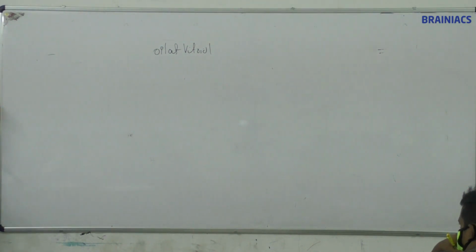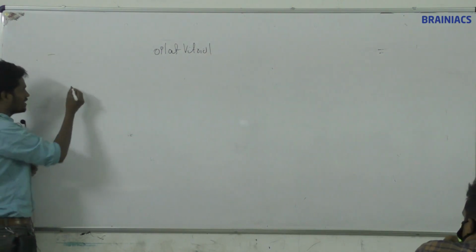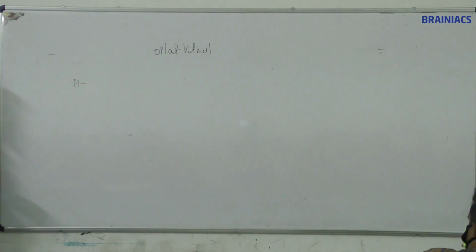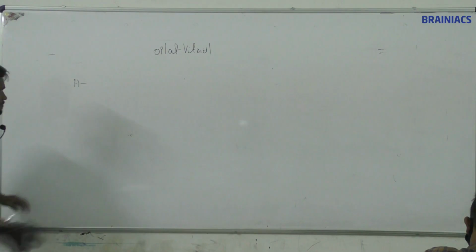So the solubility is high. High viscosity and high solubility are due to the presence of which bond? Hydrogen bond. High solubility and high viscosity are due to the presence of hydrogen bonding.